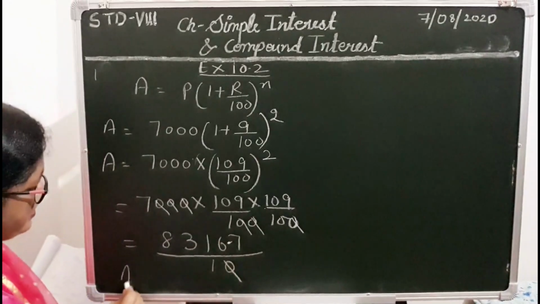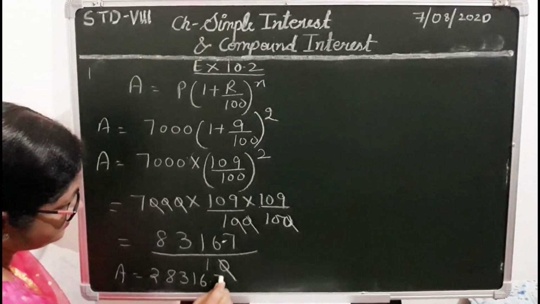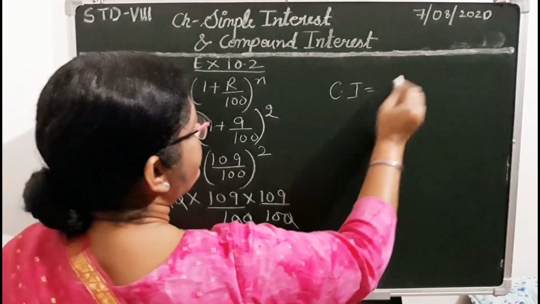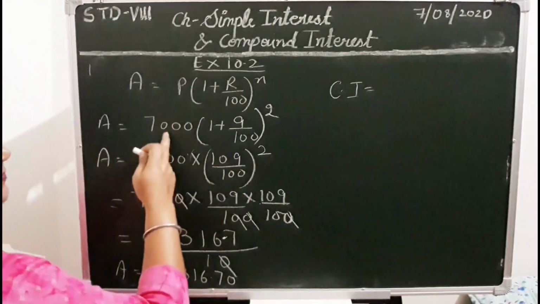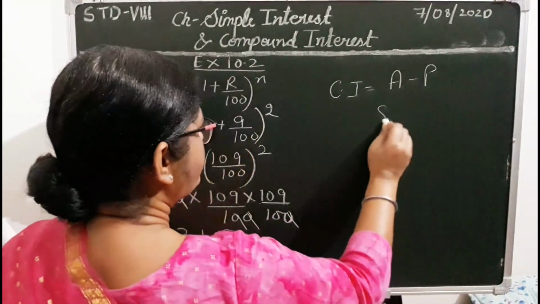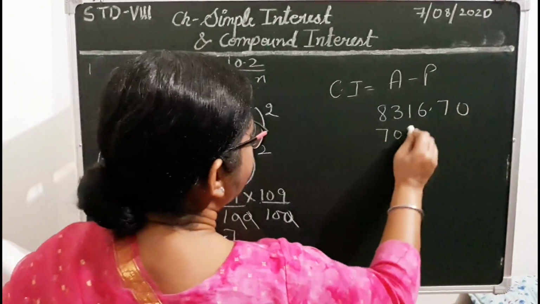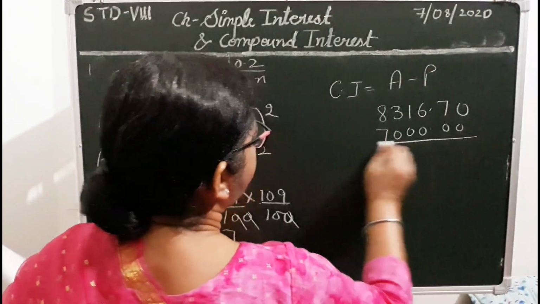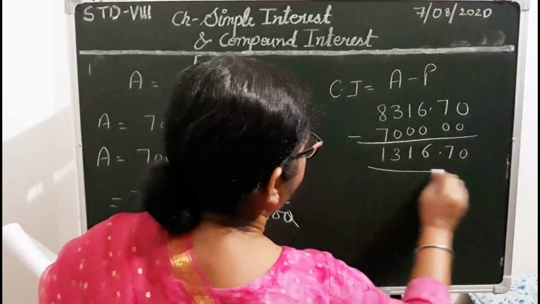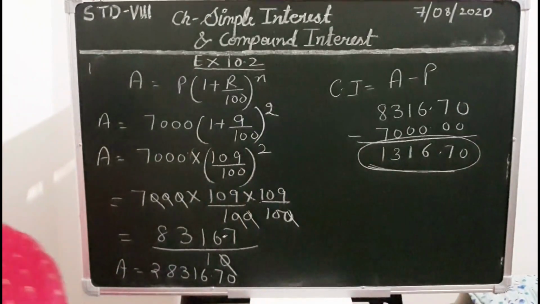Now the amount is rupees 8,316 and 70 paise. Now compound interest will be the final amount minus principal. Final amount is 8,316.70. Principal is 7,000. This is the answer.